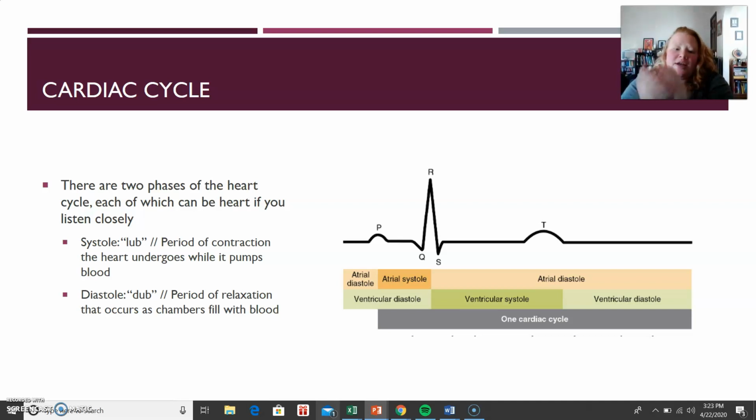Important to note that your atria have systole and diastole, and your ventricles have systole and diastole. Atrial systole is when those atria are pumping, and atrial diastole is when it relaxes and fills back up. Same thing with your ventricles. Ventricular systole is when your ventricles contract and squeeze, and ventricular diastole is when they relax.